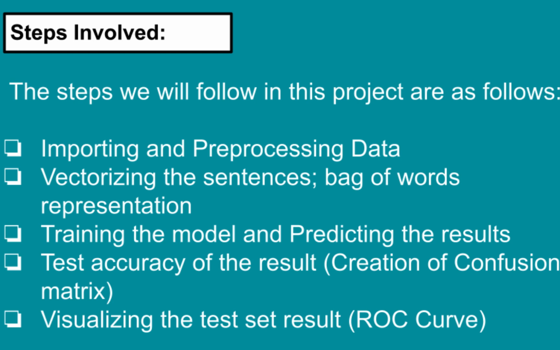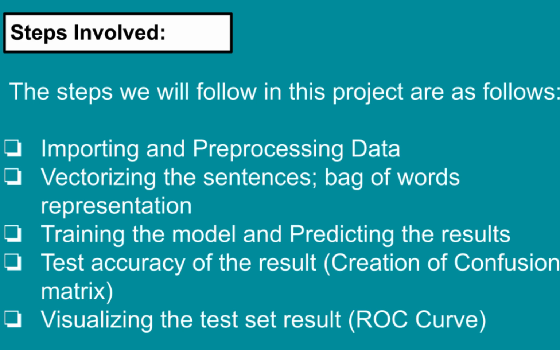Then we'll train the model and predict the result, and then we will test the accuracy of the result using the confusion matrix, and we'll go with specificity and sensitivity, precision, recall, F1 score. We'll calculate a lot of things, and then we'll visualize the test result using the ROC curve and also the area under the curve. In the end, we will get some sample text to see what the prediction is while passing those inputs to the model.